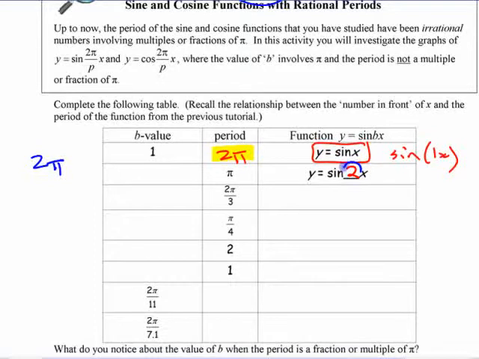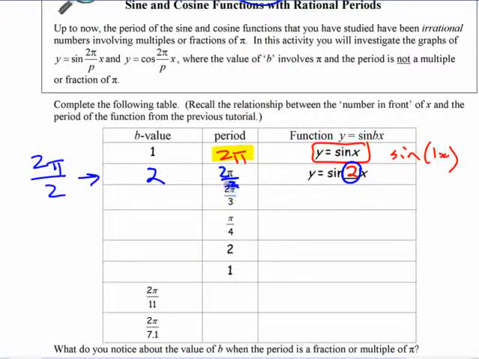If you put a 2 in here, the period is going to be divided by that number. Okay, the period is 2 pi divided by 2. If the b value is 2, the period is pi. You could look at this as 2 pi over 2, right? 2 pi divided by 2, if you really want to, the way it says here.